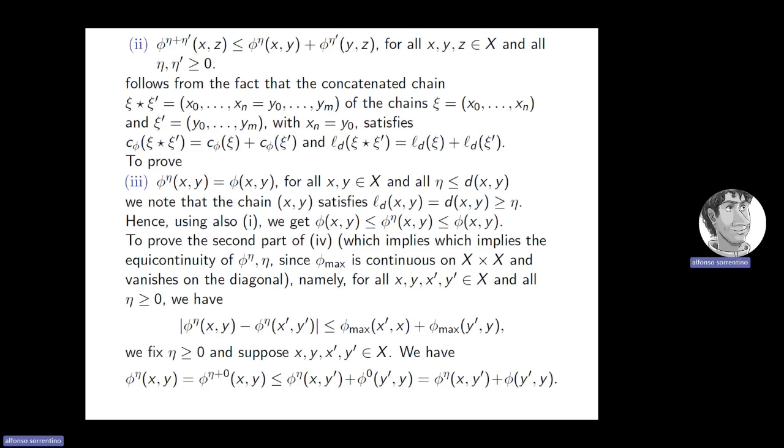This is the kind of trick you will play all the time: it's phi eta plus 0. Then you can use the triangle inequality, but phi 0 is phi. So you end up with phi eta of xy less than phi eta of xy prime plus phi of y prime y.